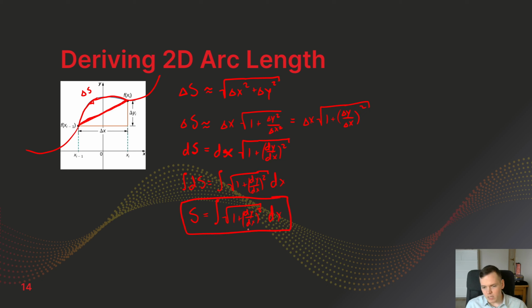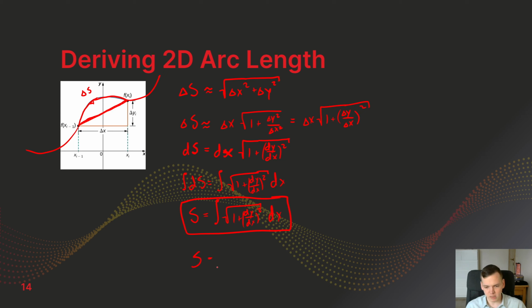And dy over dx, you'll notice, is just the derivative of y with respect to x. So if you take 1 plus the derivative of y squared, square root that, and then integrate that function, you end up getting the arc length.